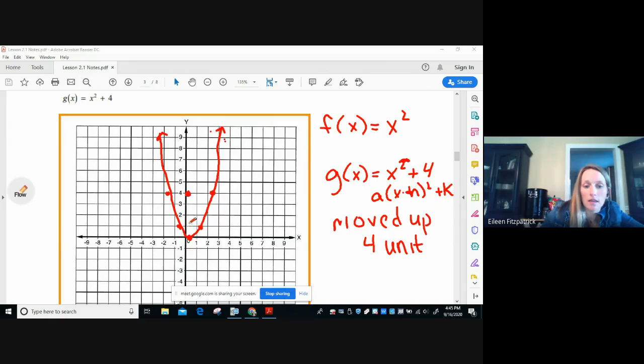This point would move up 4, 1, 2, 3, 4. This point moves up 4, 1, 2, 3, 4. This point moves up 4, 1, 2, 3, 4. And this point, 1, 2, 3, 4.